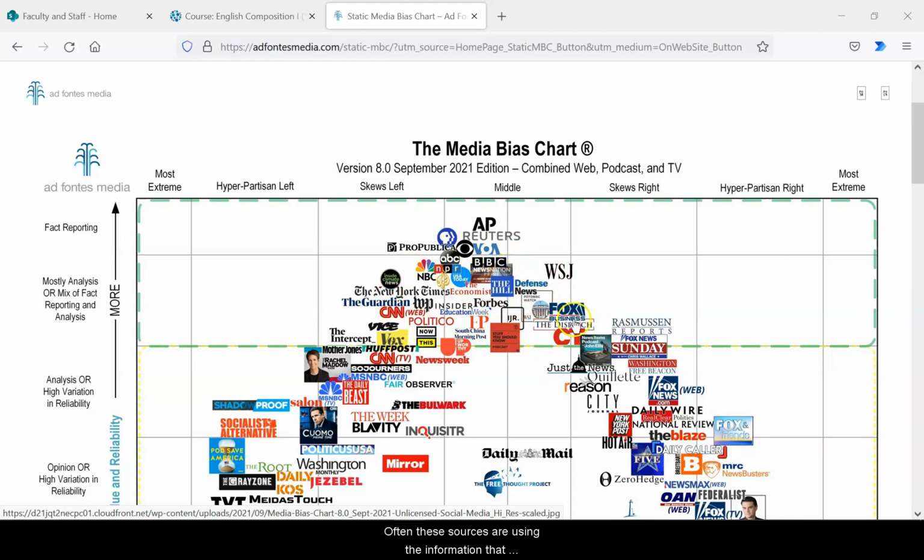Often these sources are using the information that comes from AP, Reuters, etc. in order to provide the analysis or reporting that they publish. So many of them actually go to these sources to get their information.